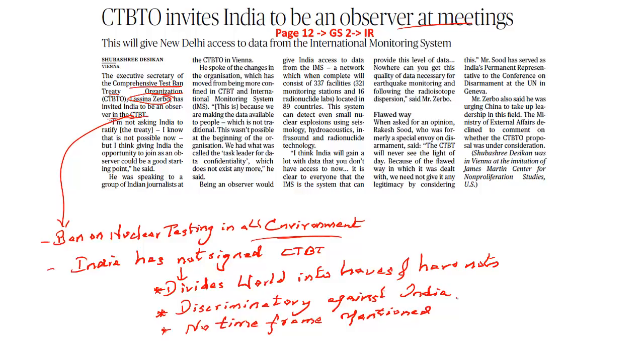Then the CTBT also deals only with horizontal proliferation and not vertical proliferation. What it means is that it is not looking at how these nuclear weapons are transferred from one region to another. How did nuclear weapons technology which started in North Korea end up in the hands of Pakistan? Did the CTBT look into it?